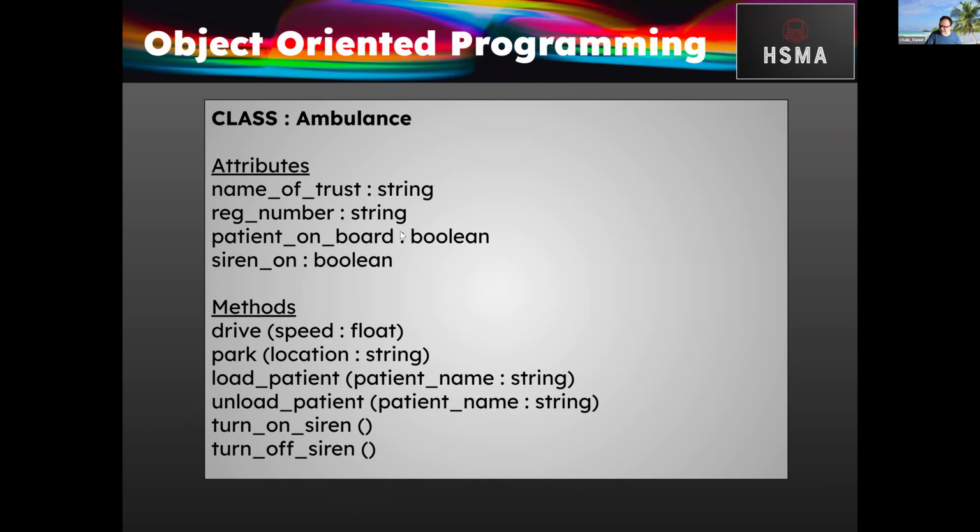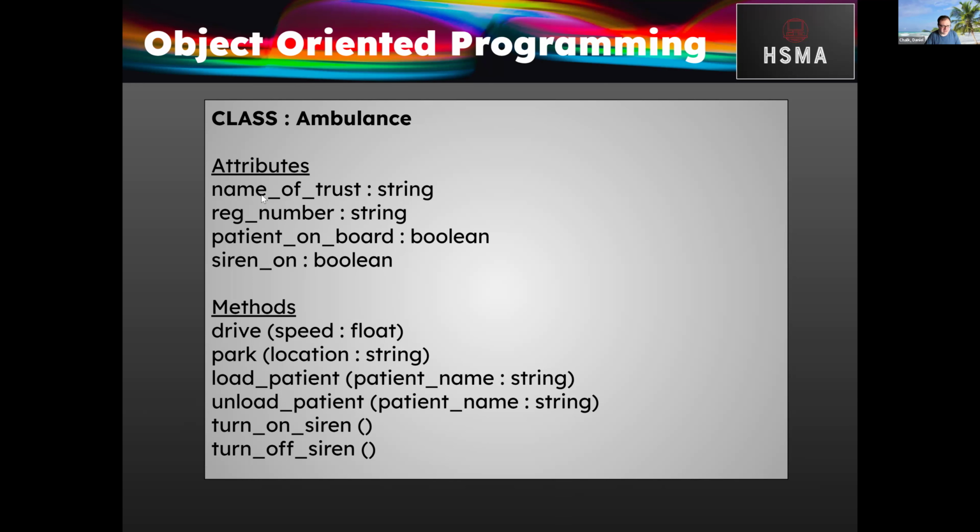In our example, we have a class called ambulance, which has various attributes and various methods, and the attributes are basically variable assignments, and the methods are basically functions. But crucially, the variable assignments and functions belong to that object and belong to that class. So this might be our blueprint for our class.